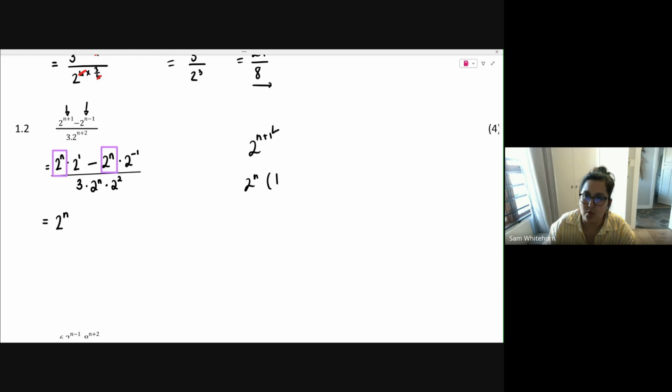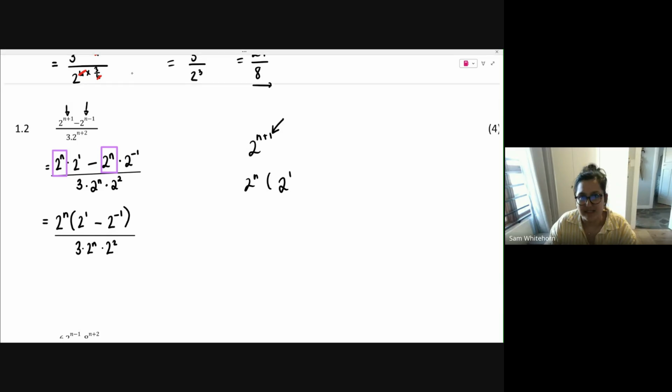But we need to remember that that one is an exponent. It has to be attached to its base. Okay, so this is why if we've broken it up, we can clearly see we've got that 2 to the power 1 left in the first term minus 2 to the negative 1 in the second term. And that's all being divided by 3 times 2 to the power n times 2 to the power 2.